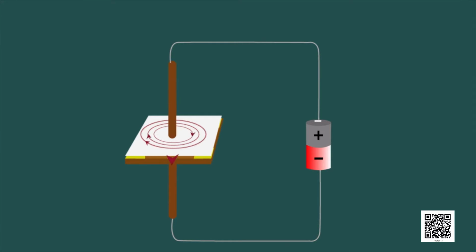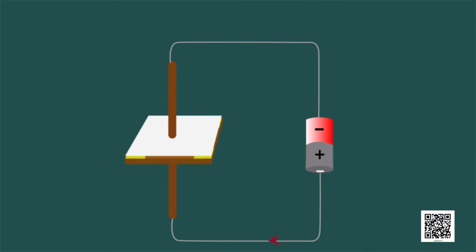And in this case, the direction of magnetic field lines is clockwise. Now repeat this activity after reversing the direction of electric current, and you will observe that magnetic field lines formed around the copper wire form the same kind of pattern of concentric circles, but now in anti-clockwise direction.